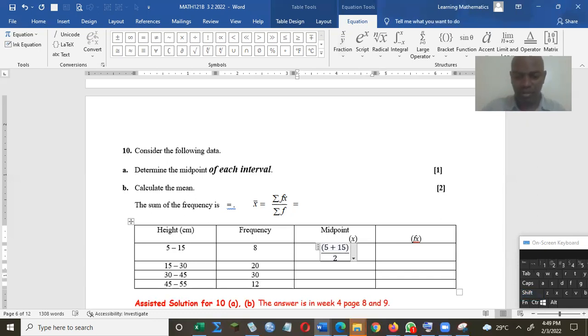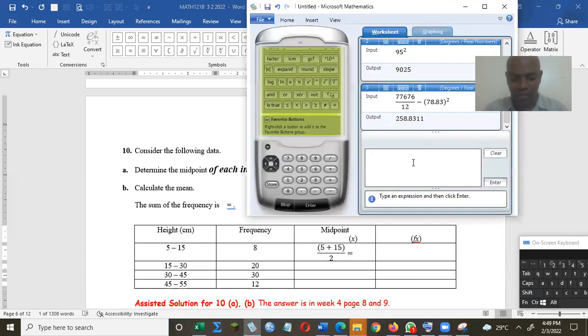This will give you the midpoint of this first interval. Make sure you use brackets, because you want the addition done before division. Normally, the calculator is programmed to do division before addition, so if you don't put the bracket, you're going to get a different answer.